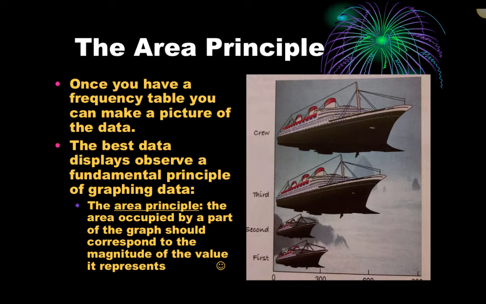However, it's not quite that. The crew boat appears to be much more than 3 times as big as the second-class boat. And our eye tends to see the area over the length or the height, so you have to make sure the area corresponds.